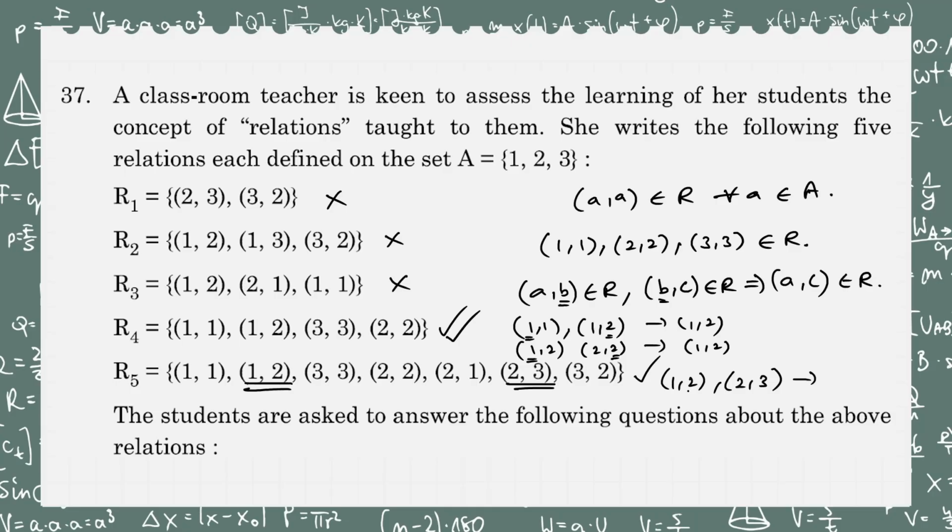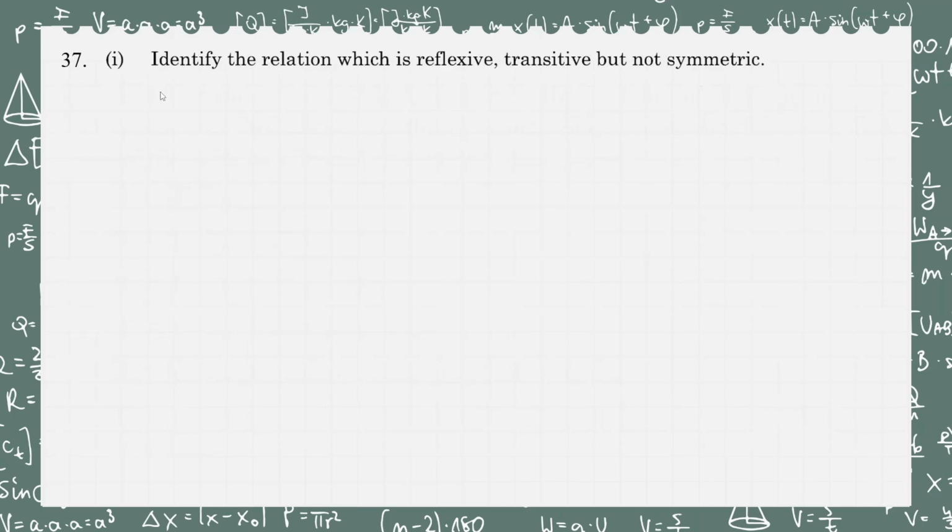The second entry and first entry are the same, so their combination should give me (1, 3), but R5 does not have (1, 3), so I can't accept that R5 obeys the transitive property. So only the reflexive property is obeyed in R5, not the transitive property. So who is satisfying both properties? Only R4. So that is the answer for our 37 part 1.